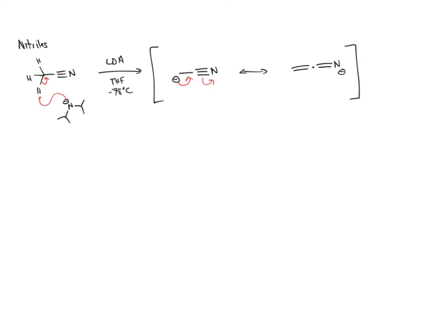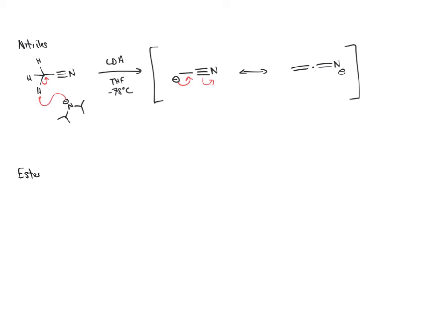Just like we would for an enolate on carbon delocalizing into the allyl-like system to give you a negative charge on oxygen for a ketone. And so this has got enolate-like reactivity. So you can take nitriles and deprotonate alpha to the CN bond to give you enolate-like reactivity. And then that can go on and do a reaction with an electrophile.